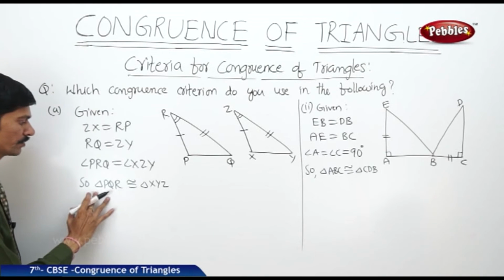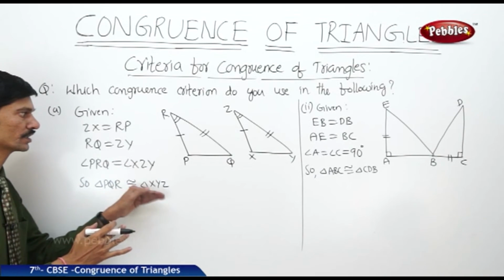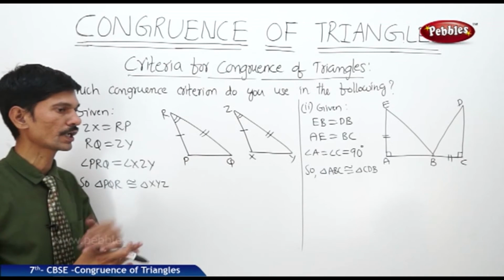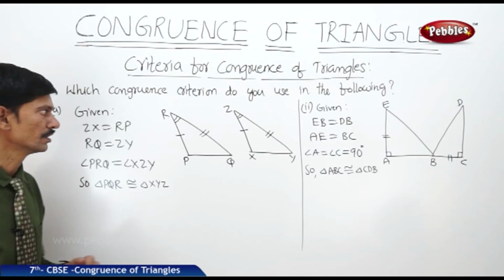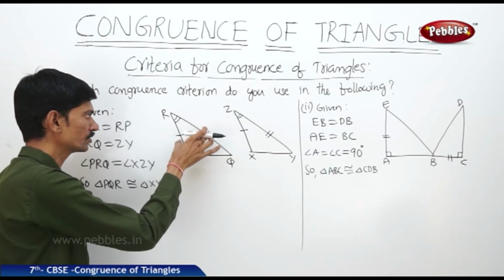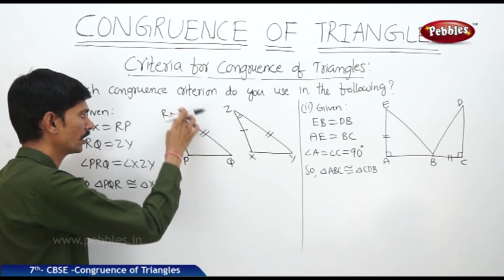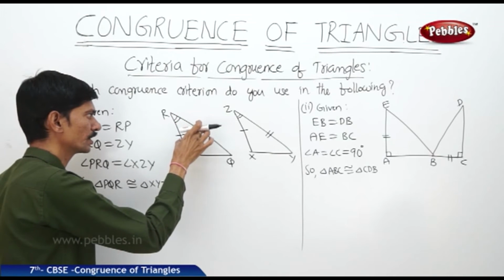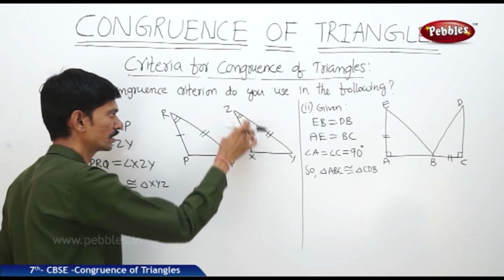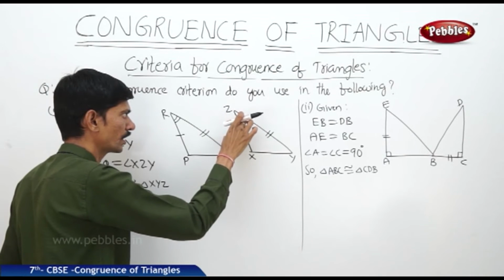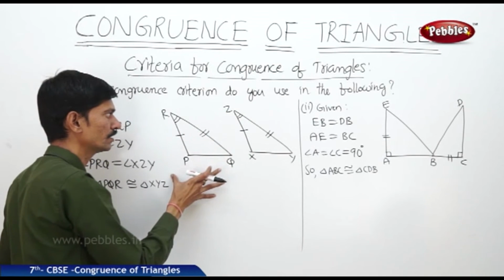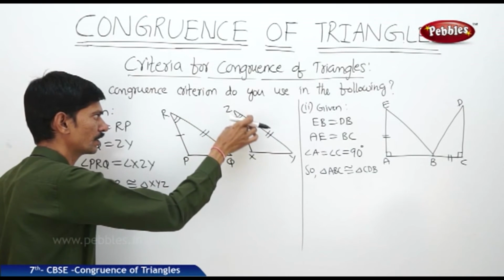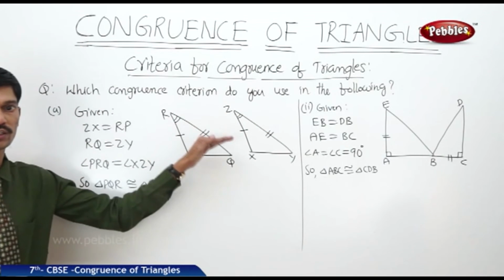You are given that triangle PQR is congruent to triangle XYZ. So which congruence criterion can we use so that they are congruent to each other? We can observe that the two sides RP and RQ and the included angle R are equal to the corresponding two sides ZX and ZY and the included angle Z. So two sides and the included angle are equal to two sides and the included angle of another triangle, so the two triangles are congruent.